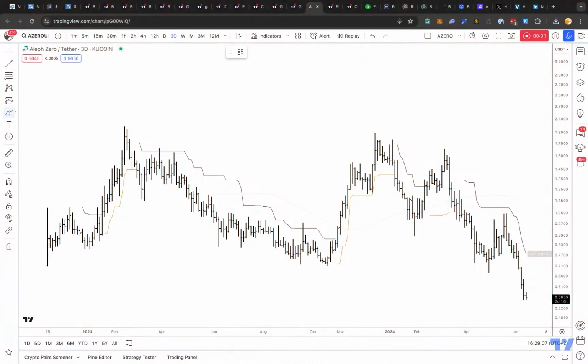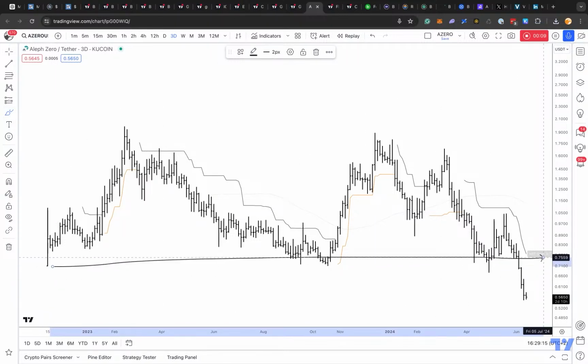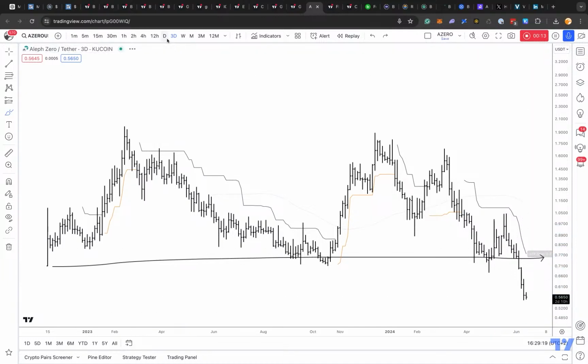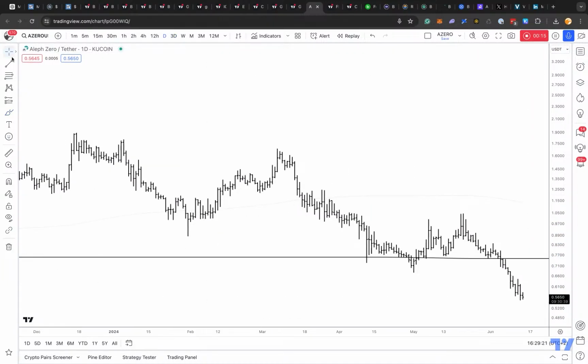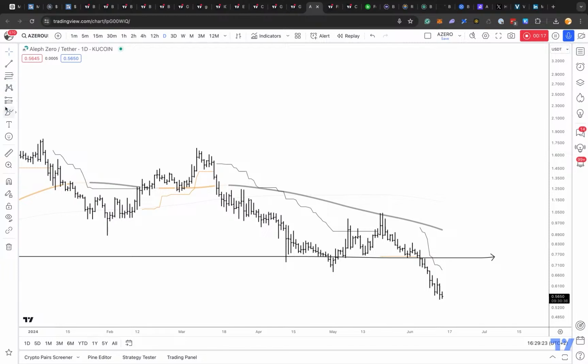And here is a quick look at our partner's token, Aleph Zero, AZERO, on a 3-day chart on KuCoin. Each and every single bar represents 3 days of price action. Regardless of the time frame, we seem to be nuking lower, with the key resistance right now on a daily basis indicated not only by the 200-day moving average, represented by this light gray curve at approximately $1.13, but also the 200-day BPRO trend line at 0.90, which is 90 cents.